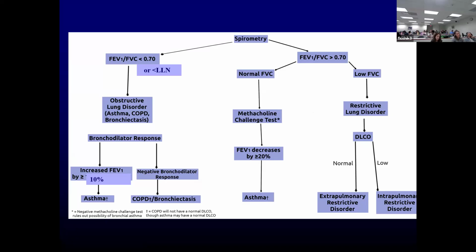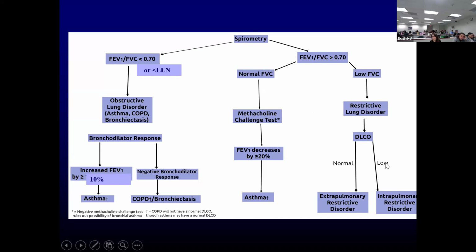Fair enough? Other side, I have shortness of breath, normal chest X-ray, I do a spirometry. My FEV1/FVC is more than 0.70 or more than the lower limit of normal. Okay, I look at the vital capacity. Even if the ratio is normal, if the vital capacity is lower than the lower limit of normal, I do have a potential restrictive lung defect.